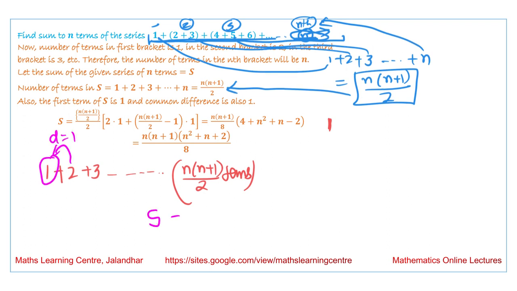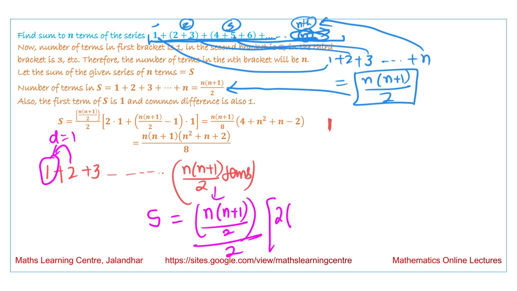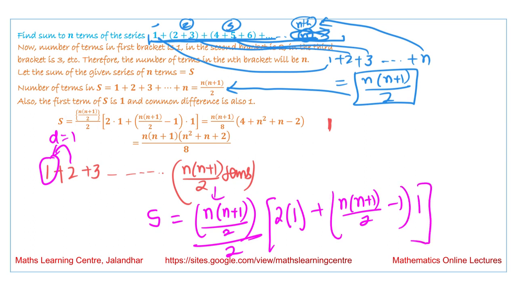So the sum of this AP is equal to n into n plus 1 by 2, divided by 2, these being the number of terms, into 2 times the first term plus n into n plus 1 by 2 minus 1, that is n minus 1, times d, where d is 1.